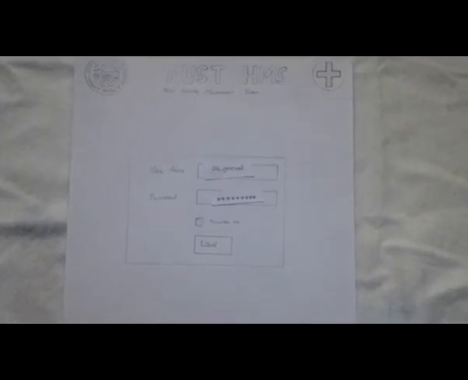You can see this form. Other than that, the DG can also check the referred patients. He can also check where the patients have been referred. This is all from the DG side. This is all our project.